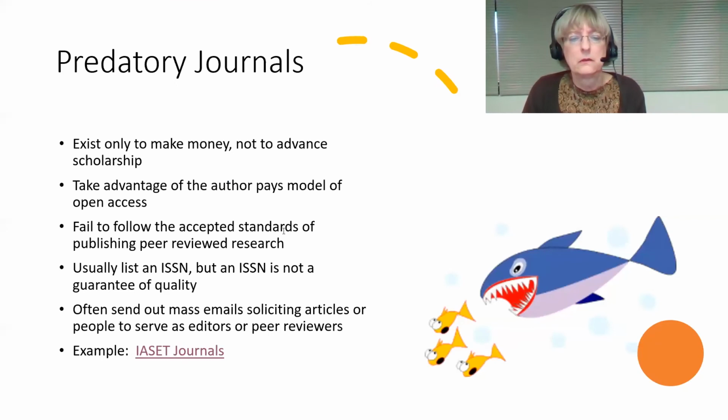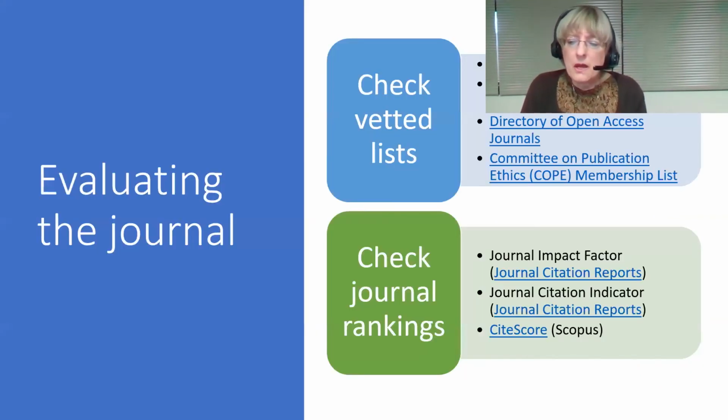Well, okay, we talked about predatory journals. And now we're back to evaluating the journal once you have a list of journals. You have several different things you can do.